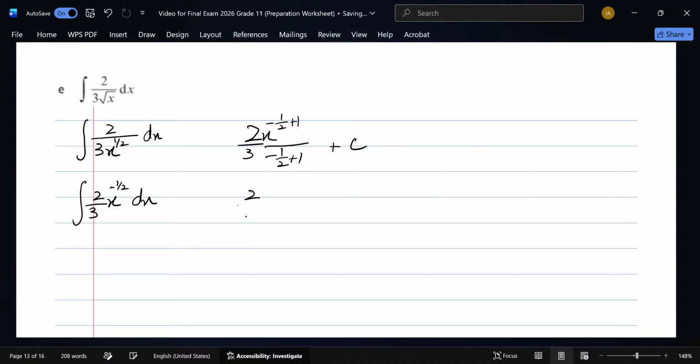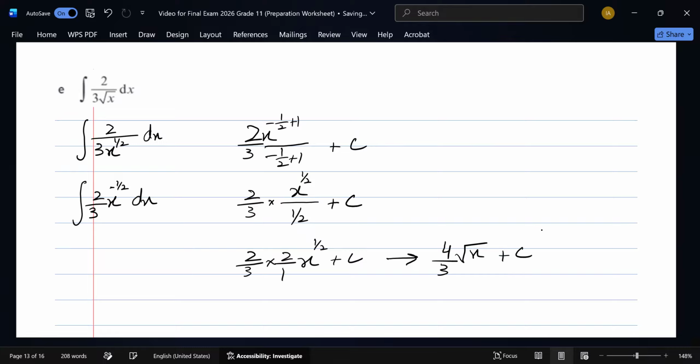So 2 over 3 x power half divided by half plus c. So 2 upon 3 multiplied by 2 upon 1 x power half. So my final answer is going to be 4 upon 3 square root x plus c. That's your final answer, the most simplified answer.